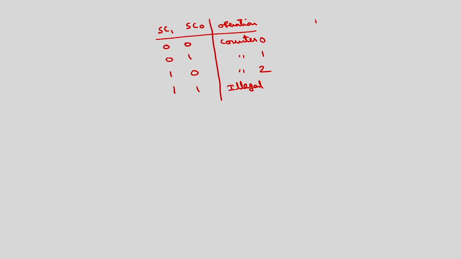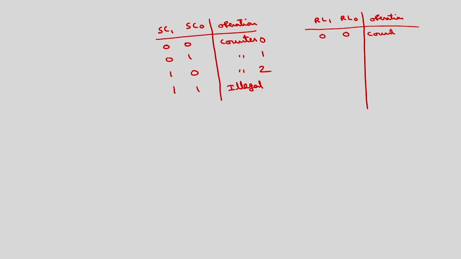Next we have RL1, RL0. The operation is, we have 4 combinations. 0 0 means counter latching operation.